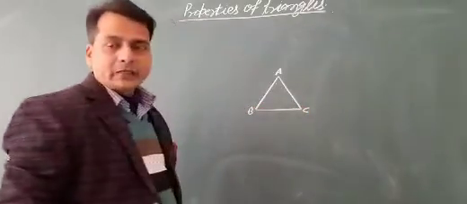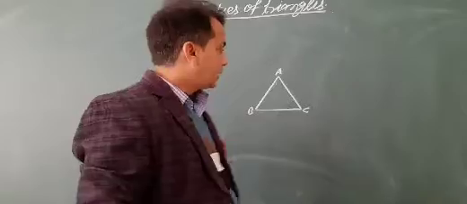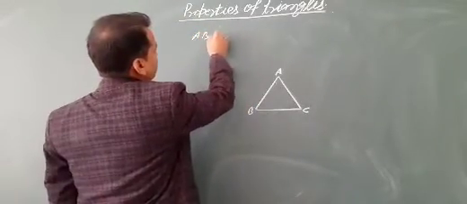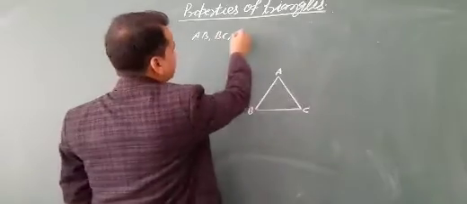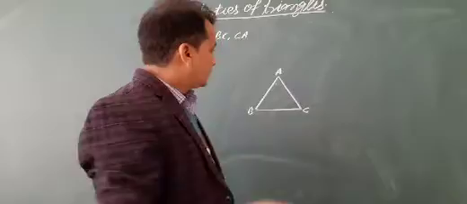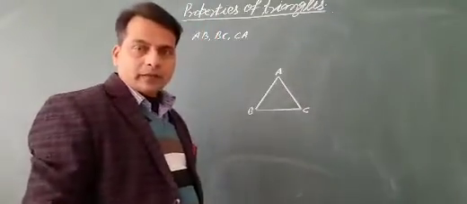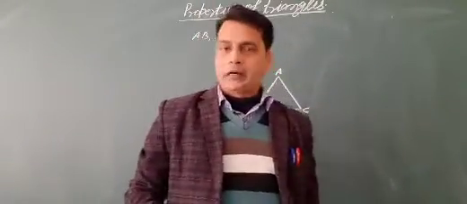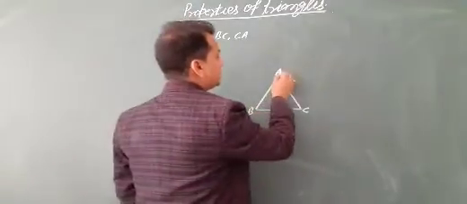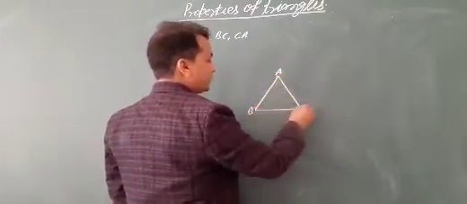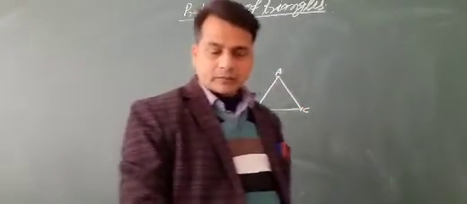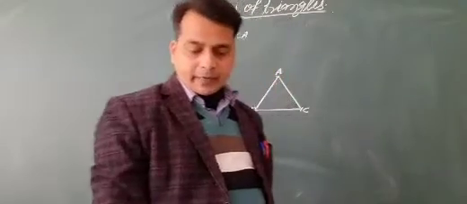Here the three line segments are AB, BC and CA. So in the triangle there are three sides AB, BC and CA, and it has three vertices, known as A, B and C.